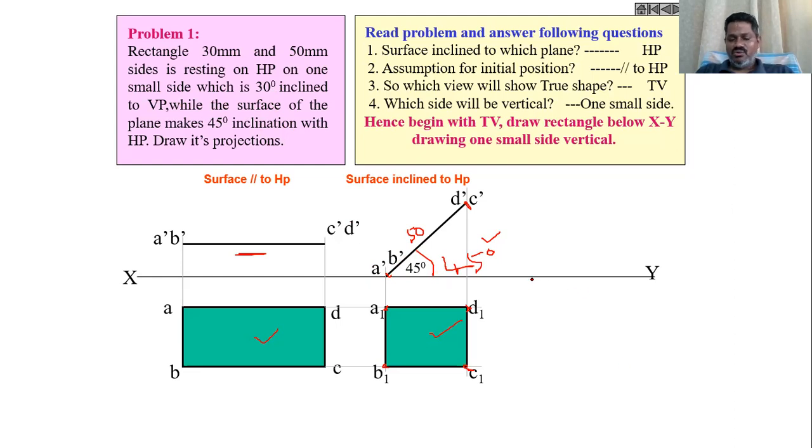That means one of the edges of this plane is making 30 degrees like this. This is actually the vertical. Of course, in this case, you can draw it like this. This is exactly the 30 degrees angle.